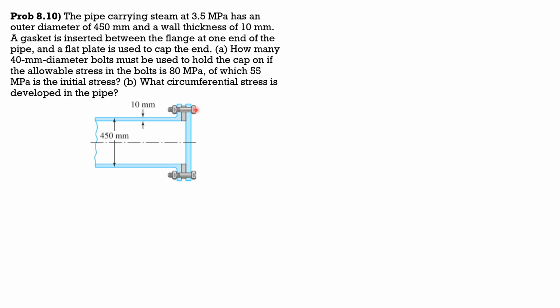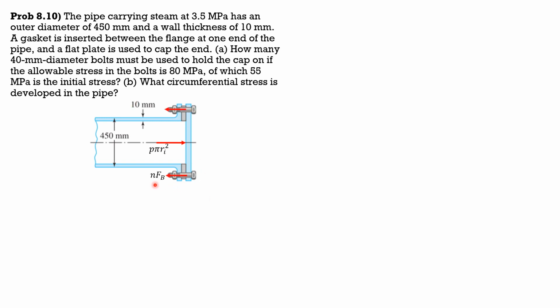The remaining stress in the bolts, because it is subjected to an initial stress of 55 megapascals, would be allowable minus 55, then times the area of the bolt times the number of bolts. So that's the total force that will resist the force due to pressure at the end cap. So that's pressure times pi internal diameter square for that force that pushes this end plate.